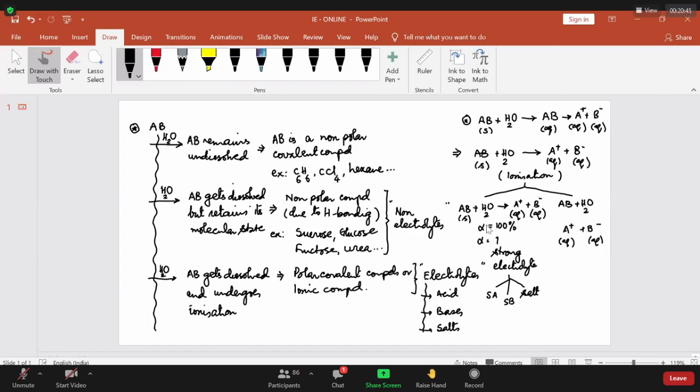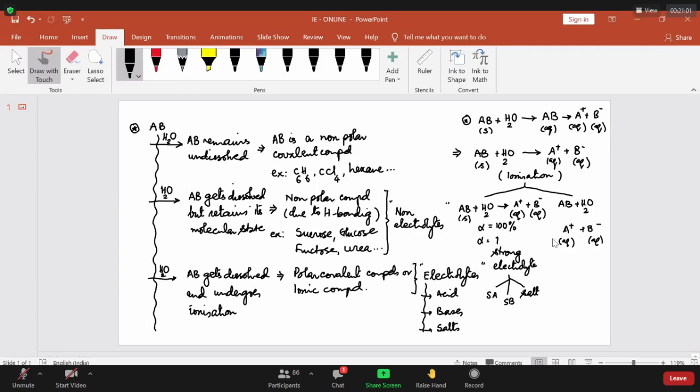On the contrary, left hand side, if you take strong electrolyte, we have only A plus and B minus because it is completely ionized. That means in case of strong electrolytes, we have only ionic form. It is irreversible process.